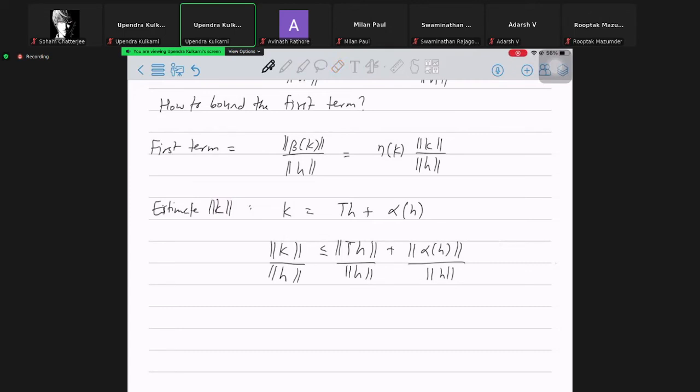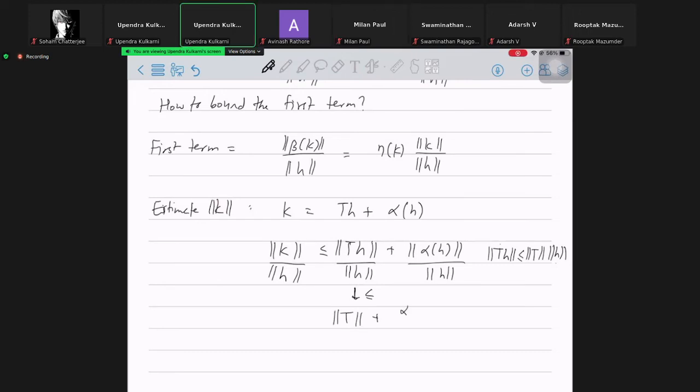So what can I say about the first term? Norm of th is less than or equal to the operator norm of t times the norm of the vector h. So the first term is less than or equal to the operator norm of t.